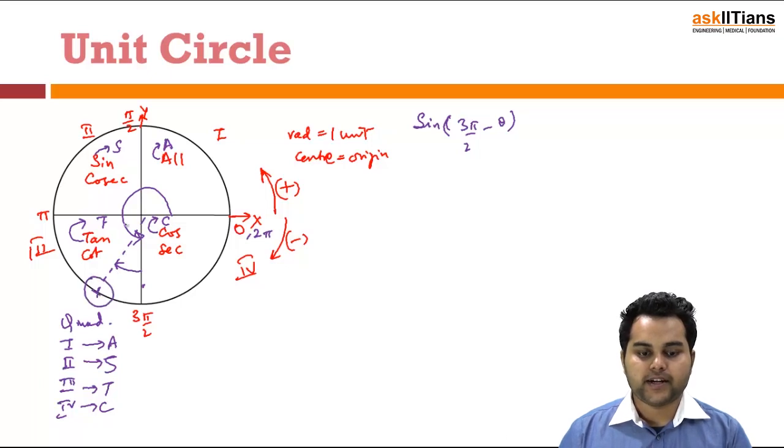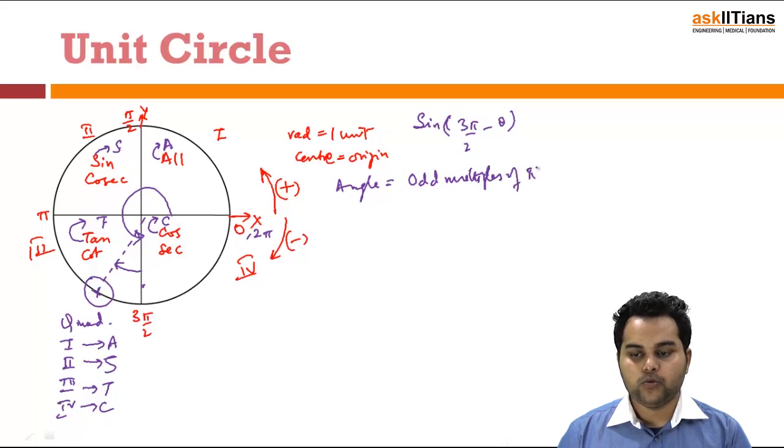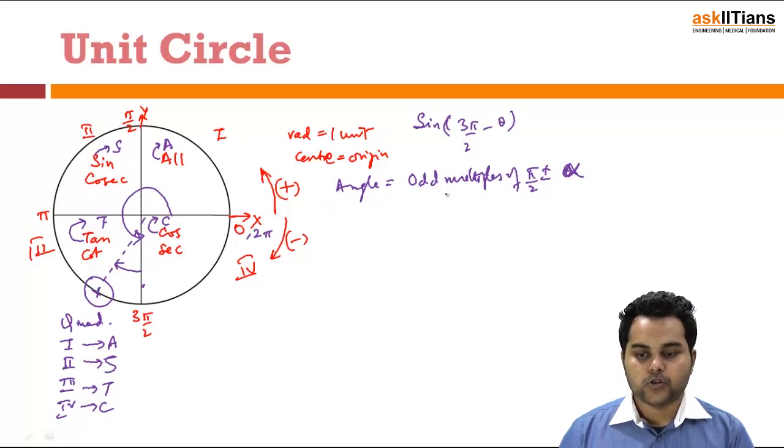Now I'll jot down the rules for you: if I have the angle of the form odd multiples of pi by 2 plus minus alpha, let's say alpha, because I already defined sine theta, then there would be a transformation in the trigonometric ratio, that is sine to cos and vice versa, tan to cot and vice versa, and sec to cosec and vice versa.